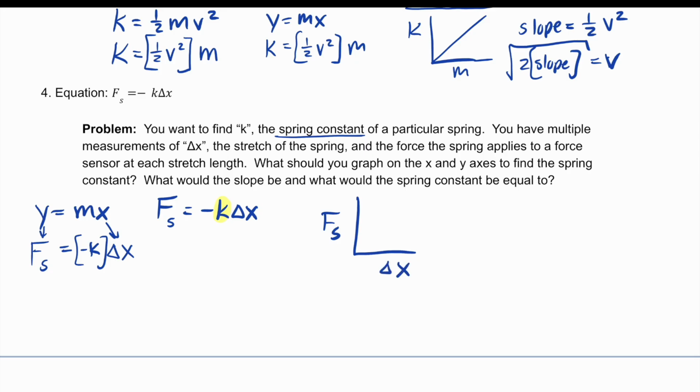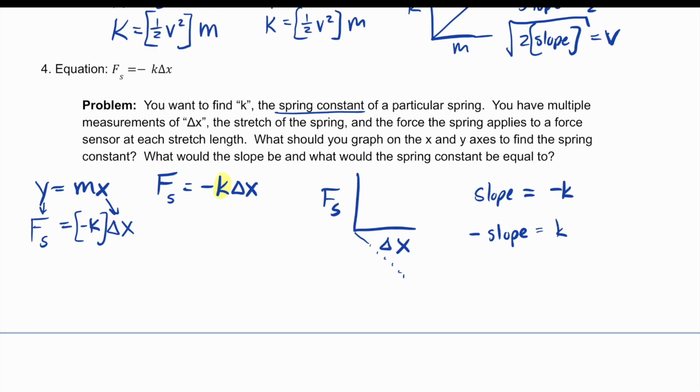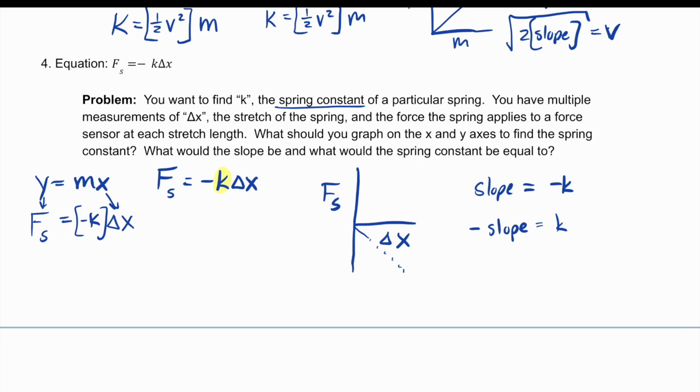Okay, and so we will get a slope that is equal to the opposite of k, because it'll probably create a graph like that. So now the opposite of that slope is equal to k. There. Hopefully that makes more sense to you. The reason why is because if you stretch a spring in one direction, the force is in the opposite direction. So that's what that negative sign represents.